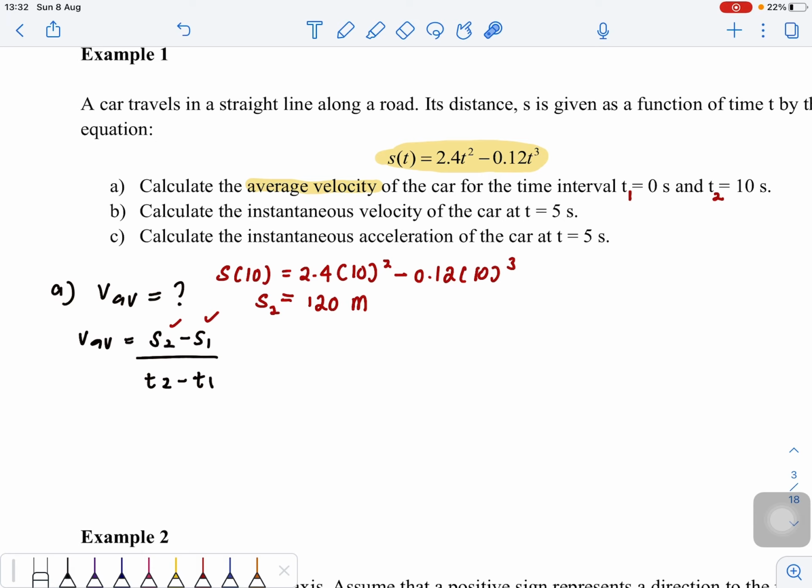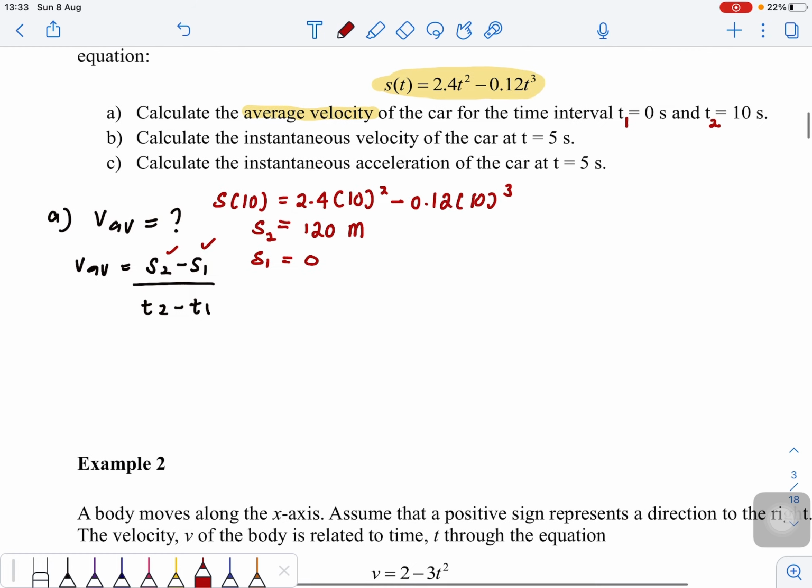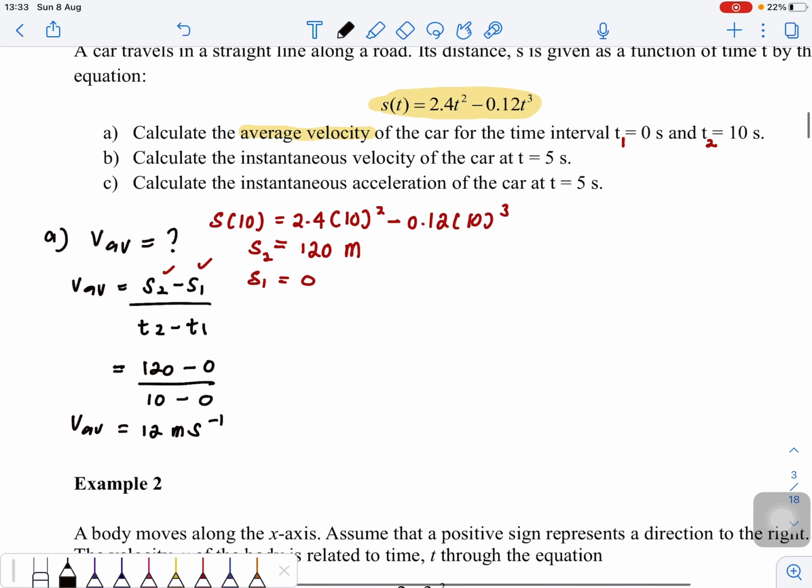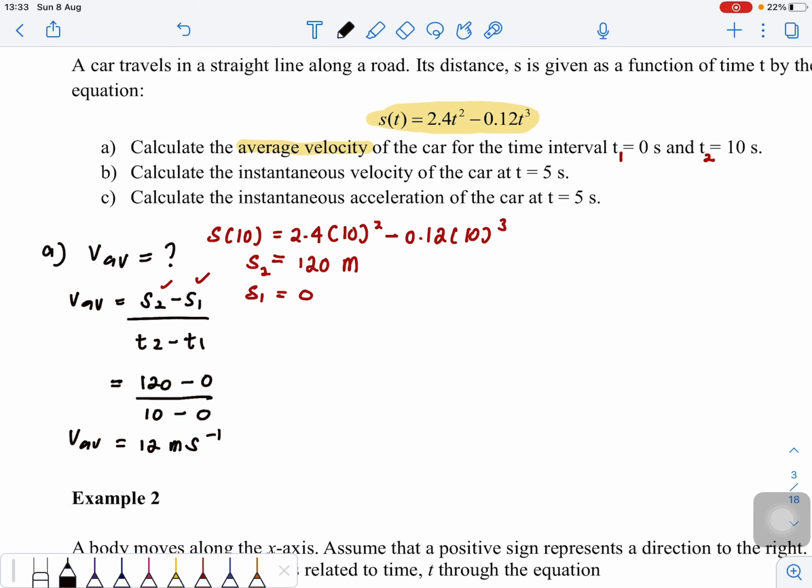So, apabila T sama dengan 0 second, obviously kalau kamu substitute, S adalah sama dengan 0 juga. So, S1 adalah sama dengan 0. So, you just substitute here, S2 120, S1 0, T2 is 10 second, T1 is 0. So, average velocity is equal to 12 meter per second. Okay, so that's the first one.